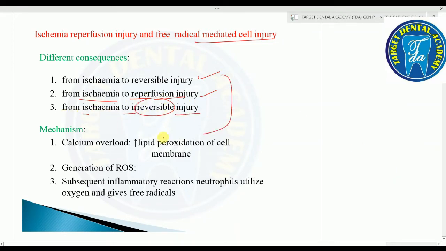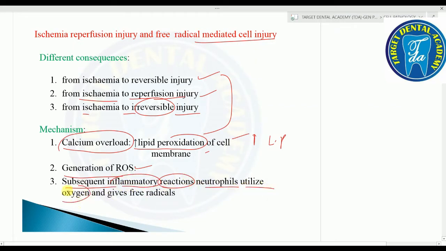Coming to the mechanism, when there is a calcium overload, it leads to increased lipid peroxidation of the cell membrane. When there is generation of ROS and subsequently an inflammatory reaction, neutrophils utilize oxygen and give free radicals.